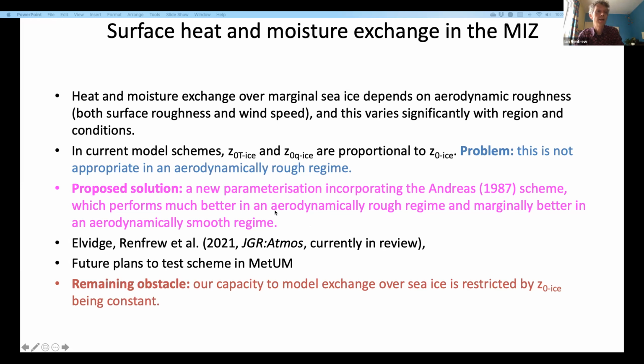We've tested that in offline calculations, and it seems to correspond much better. This work is currently under review at JGR Atmospheres. We do have plans to test this in some NWP models, but there are, of course, other obstacles to this working well. So thanks very much for your attention.